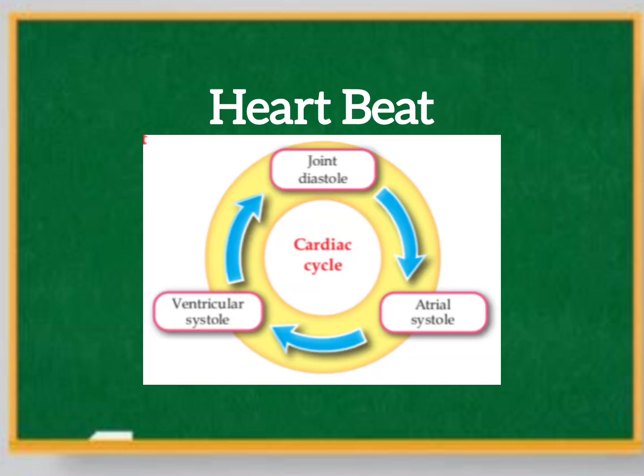Now we can look at the heartbeat. The heartbeat in our body takes place in a cyclic manner. The first is joint diastole, then atrial systole, then ventricular systole, then again joint diastole. This cyclic manner is called the cardiac cycle.